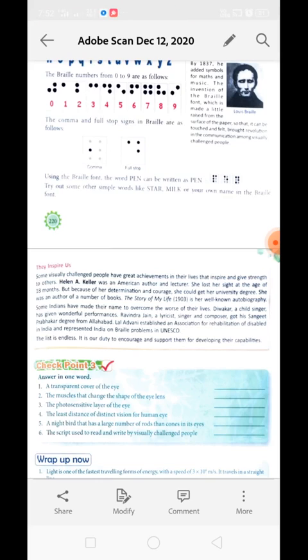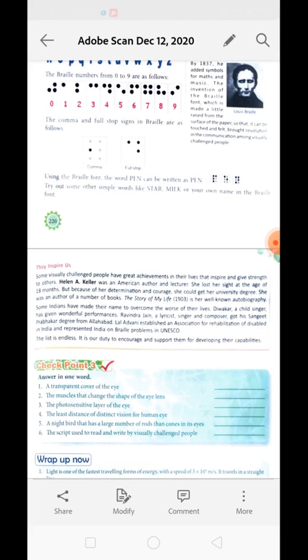Some Indians have also made their names by overcoming the worst of their circumstances. Divakar, a child singer, has given wonderful performances. Ravindra Jain, a lyricist, singer and composer, got his Sangeet Prabhakar degree from Allahabad. Then Lal Advani established an association for the rehabilitation of the disabled in India and represented India on the Braille problem in UNESCO.